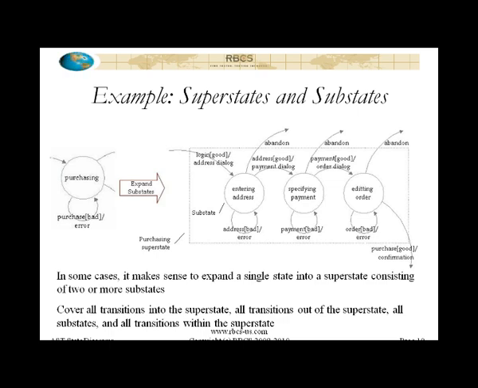Because purchasing, as those of you who use e-commerce systems will know, consists of a sequence of screens that you go through, not just one screen. So we can expand out the superstate of purchasing into 3 substates as shown here.